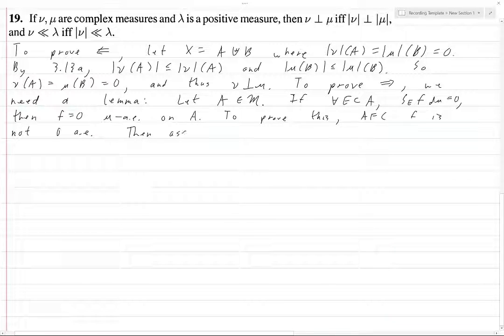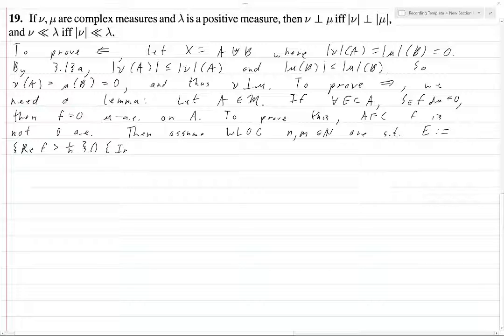Then assume, without loss of generality, that n and m are natural numbers such that, so here we're going to call this set E, the set E defined by the set of points where the real part of f is greater than 1 over n and the imaginary part of f is greater than 1 over m.